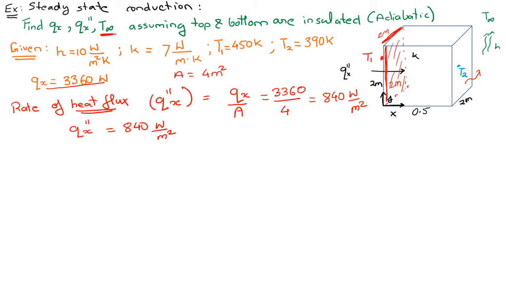The surface is at a temperature T2, the surrounding is at T infinity, and the mode of heat transfer will be convection. So to find T infinity, we would have to know what Q convection is.